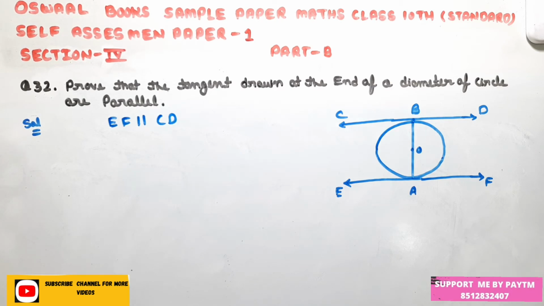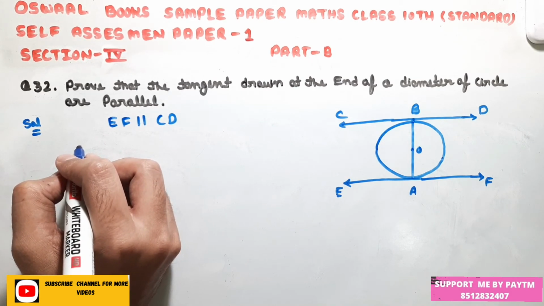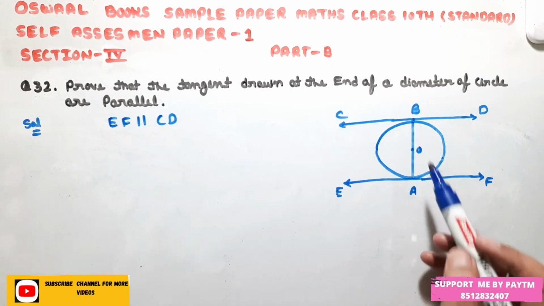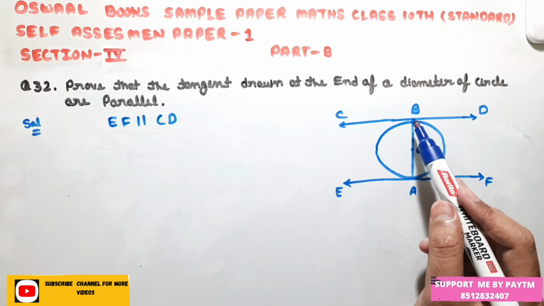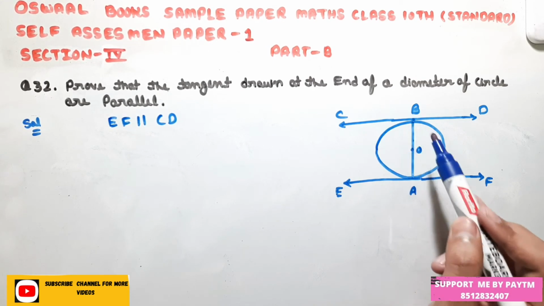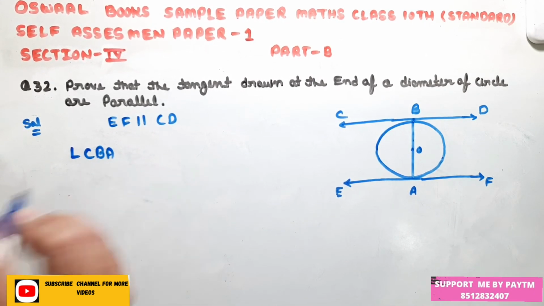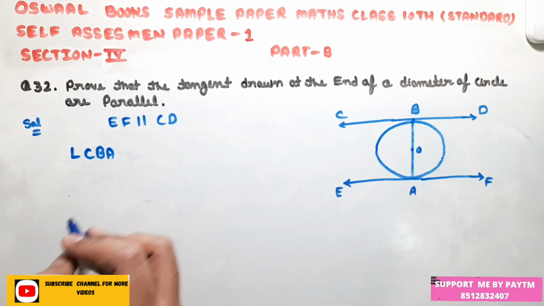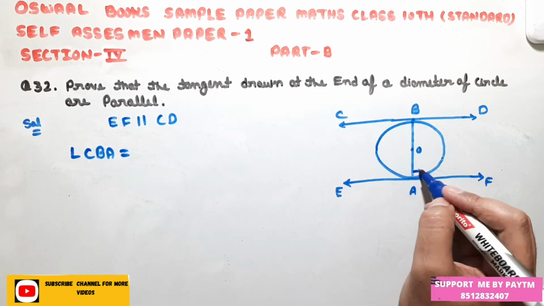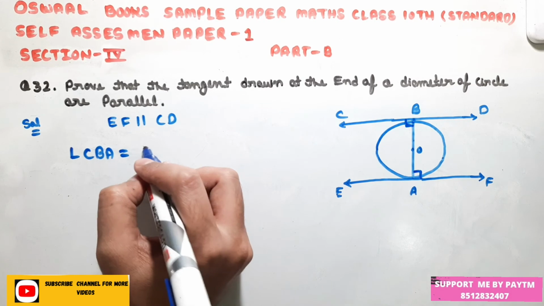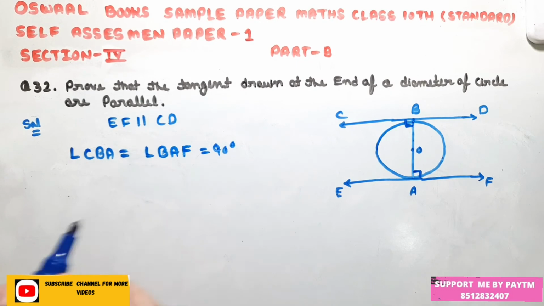So we know that the angle between the tangent and the radius of the circle at the point of contact is 90 degrees. So angle CBA will be equal to angle BAF equal to 90 degrees.